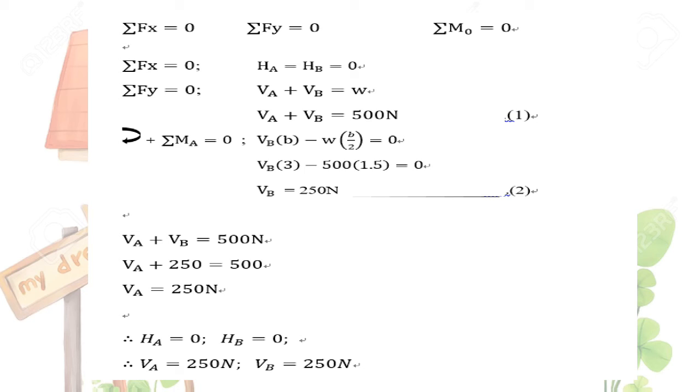Then substitute VB equals 250 Newtons into the first equation. Then we get VA as 250 Newtons. And these are the summaries of the support reactions.